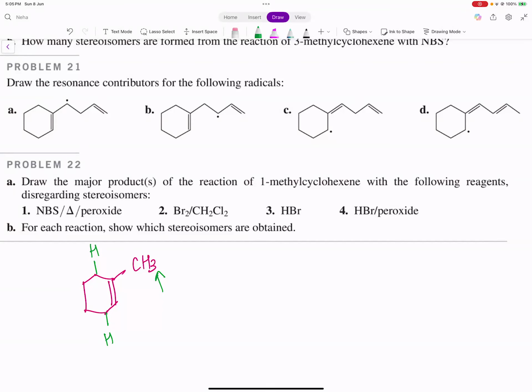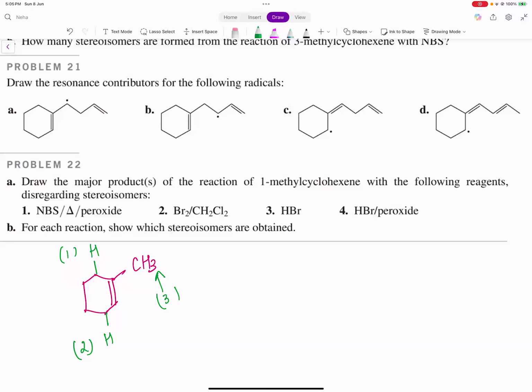Then we draw the free radical by abstracting the second hydrogen. Then we draw the free radical by abstracting the third hydrogen. And in every case, I'm going to draw the resonating contributors. The products may or may not be the same, so you have to check how many products are identical, and then you can see how many products there are.